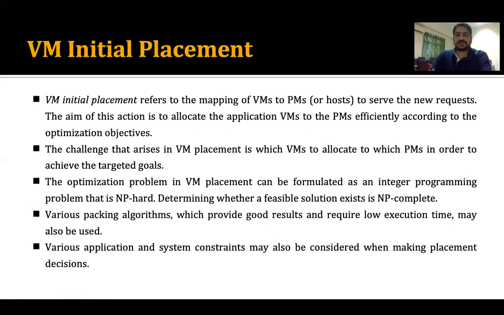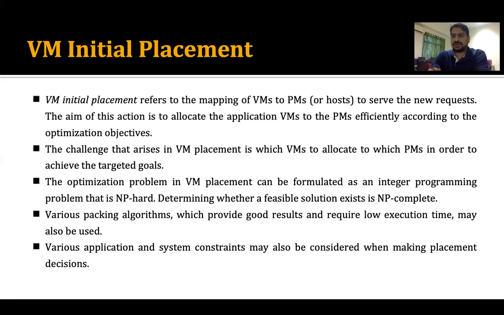Now let's see the virtual machine placement, in which the first part we will see is virtual machine initial placement. Virtual machine initial placement refers to the mapping of a virtual machine to a physical machine or host to serve the new request. The aim of this action is to allocate the application virtual machine to the physical machine efficiently according to the optimization objective.